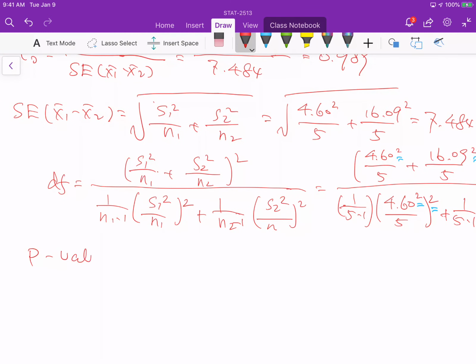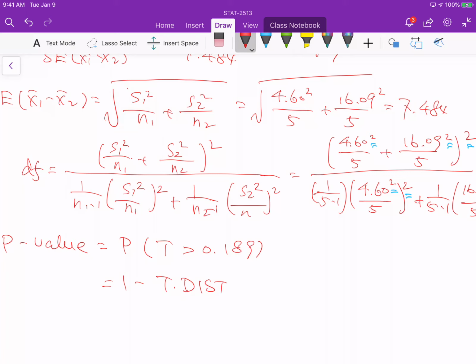This p-value is still the probability that t is greater than 0.989, so it should be 1 minus T.DIST of 0.989, and the degrees of freedom we just calculated, 4.65, and then 2. So this is the p-value.